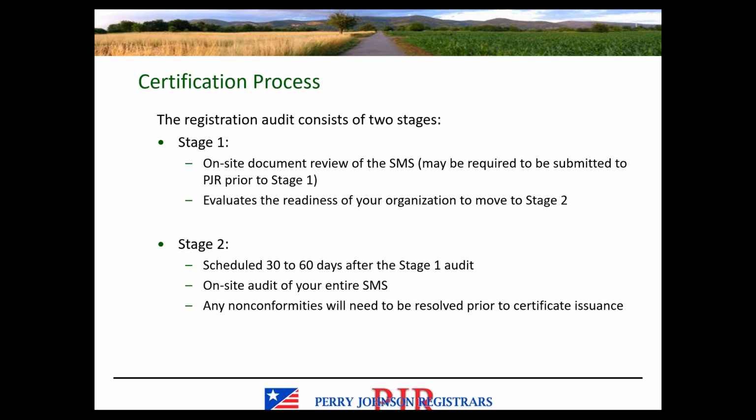Stage 2 is a full system audit, includes sampling of all of the shifts, all of the processes to get a sense of whether the requirements of the management system, as well as the requirements of the standard have been effectively implemented. If so, once any nonconformities are resolved through the corrective action process, if any were identified, a certificate could be issued, which is good for 3 years.